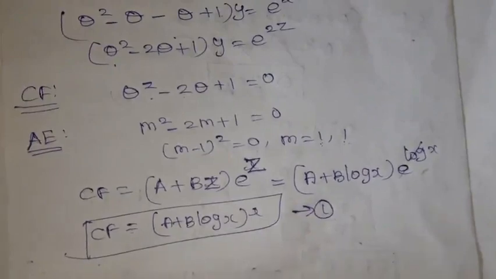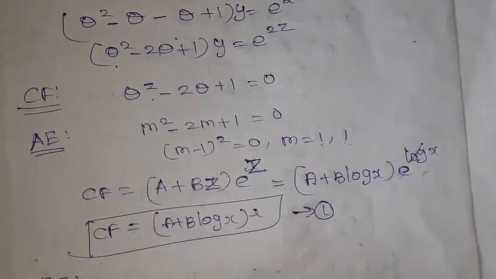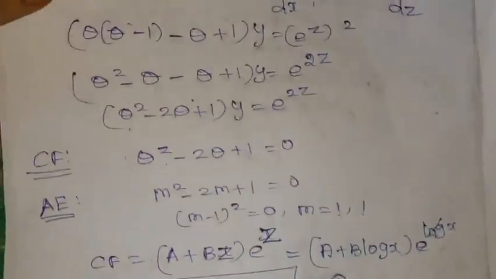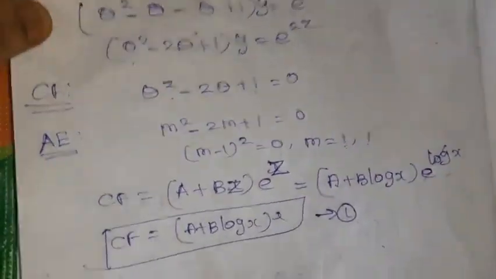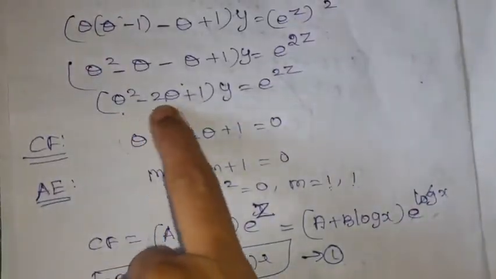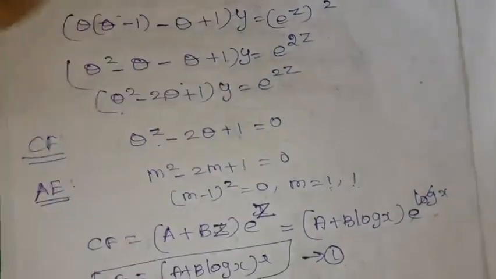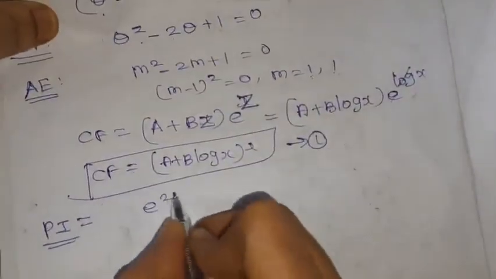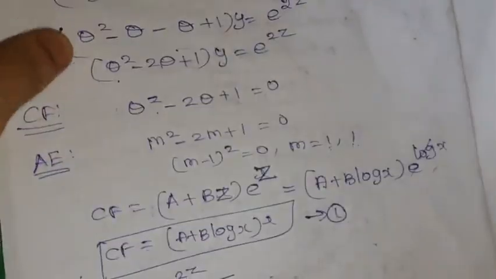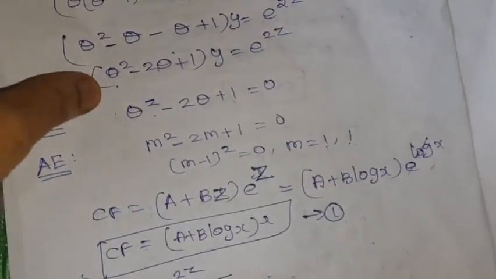Then we need to find out what? The particular integral. Because the solution y clubs both the particular integral and complementary function as well. So for particular integral we should use the RHS. So RHS is of type e power 2z divided by f of D. F of D is nothing but theta squared minus 2 theta plus 1.